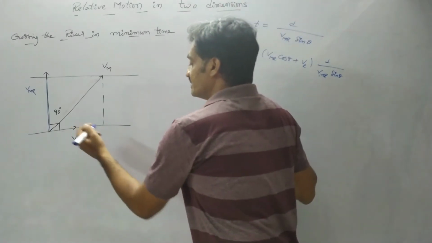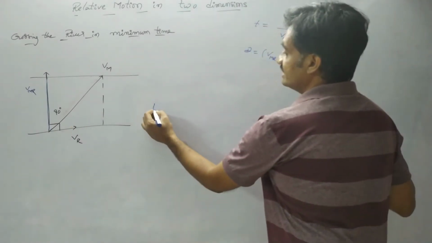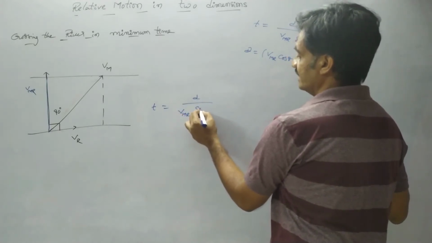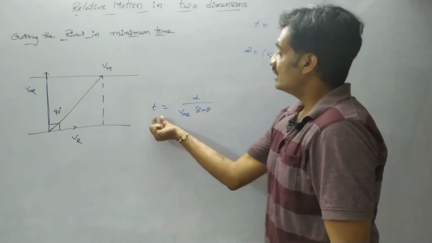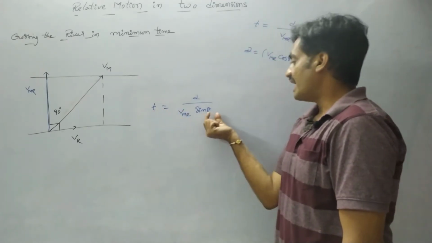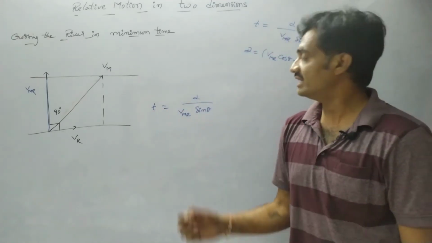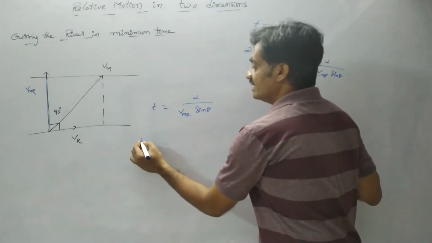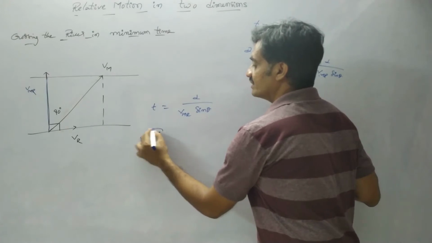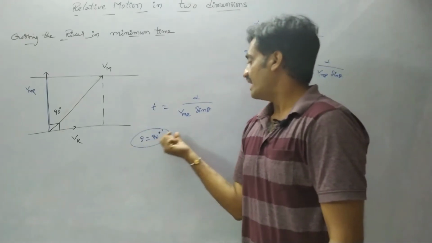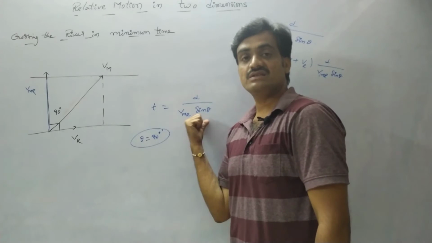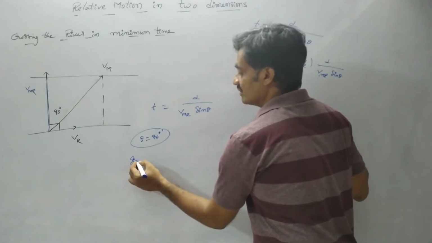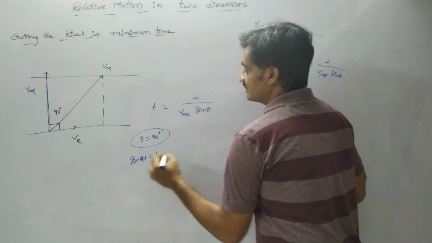The time is t equals d by v_mr sin theta. For time to be minimum, sine theta should be maximum, and sine will be maximum when theta is equal to 90 degrees. We know that sin 90 is equal to 1.